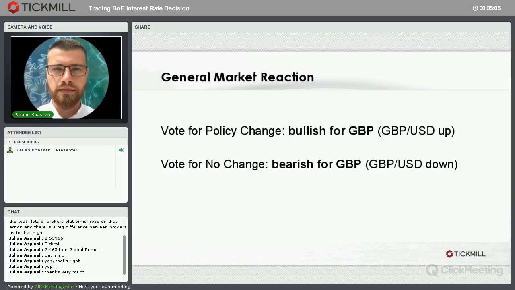How can we interpret the recent Bank of England decision?